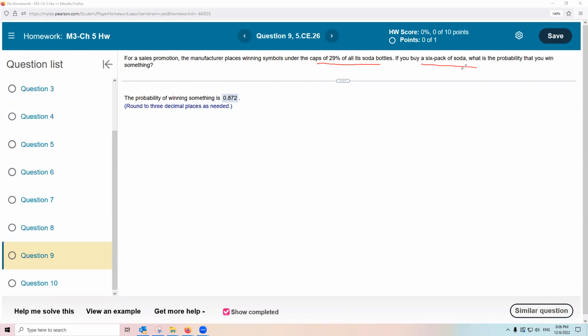So what's the probability that you win something? Really, it's asking you, what's the probability of at least one winning cap, right? That's really what they're asking us here. Well, if you remember from previous example, the probability of at least one winning cap is 1 minus the probability of no winning caps.